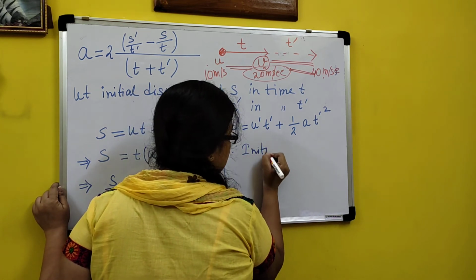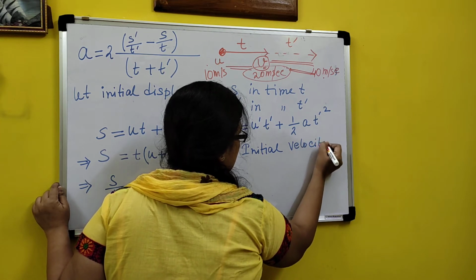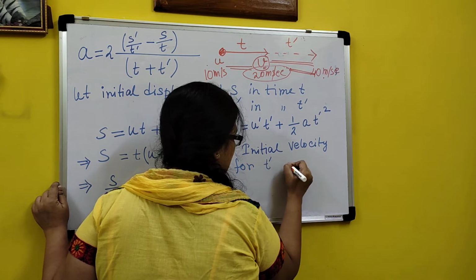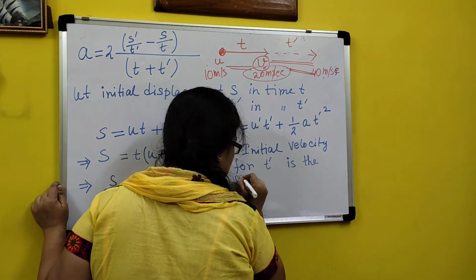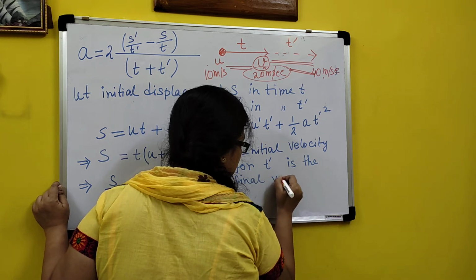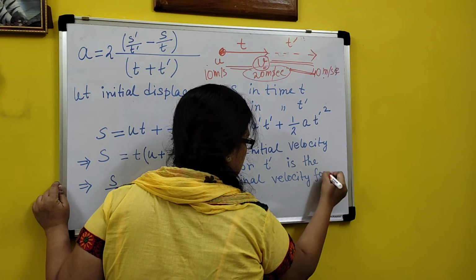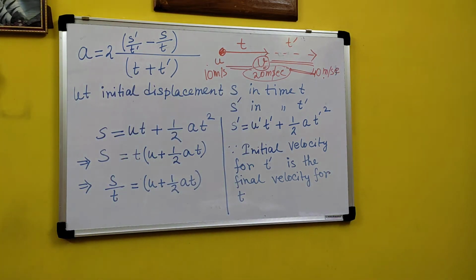Write down, otherwise you will forget: the initial velocity for t prime is the final velocity for the interval t.